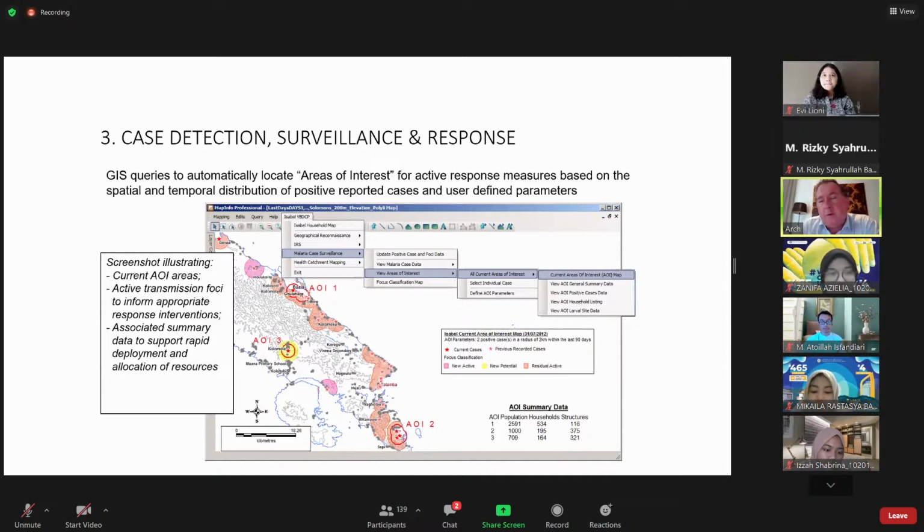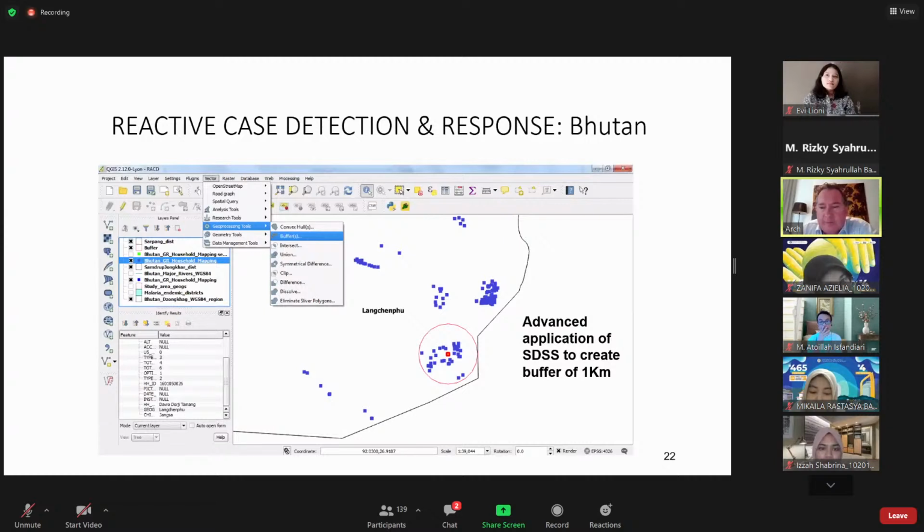So what you do with reactive case detection with malaria is you identify every household within, I think it's a 1 kilometre radius of the index case, and you then screen people for fever in those households. And so the spatial decision support system was used to extract lists of households within those zones of interest. And here's another spatial decision support system that we built in Bhutan using a similar approach.